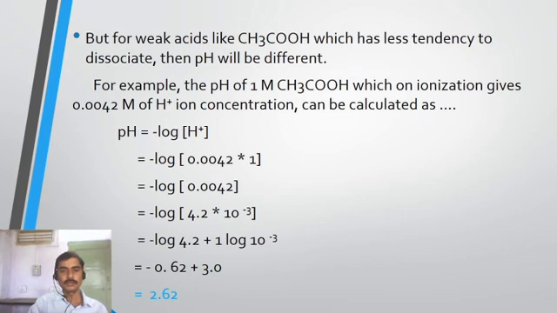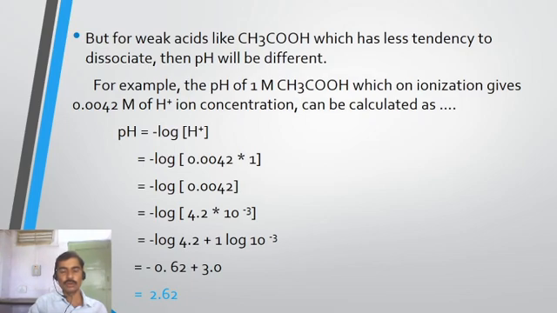For example, the pH of 1 molar acetic acid, which on ionization gives 0.0042 molar of H plus ion concentration, can be calculated as pH equal to minus log of concentration of H plus. The concentration of H plus ion is given here: 0.0042.